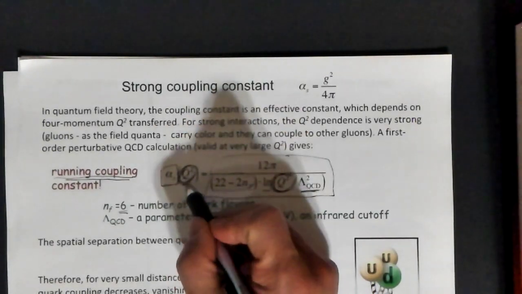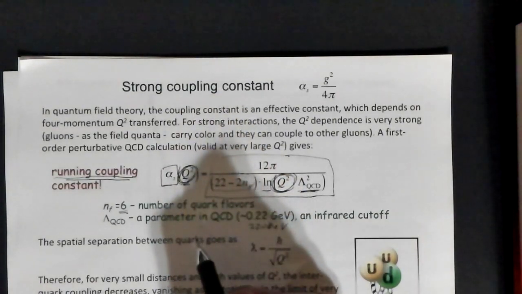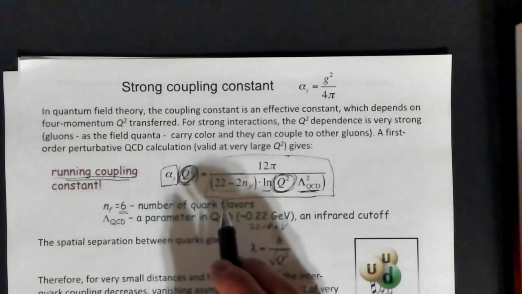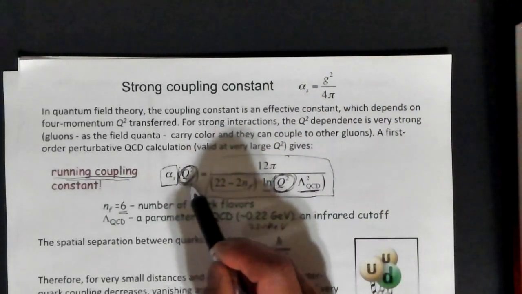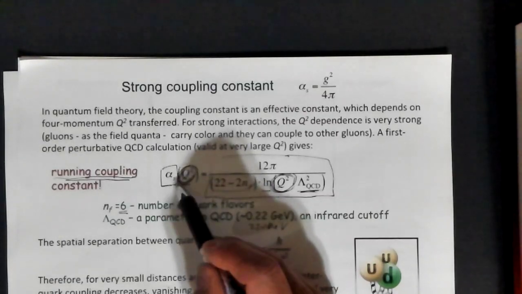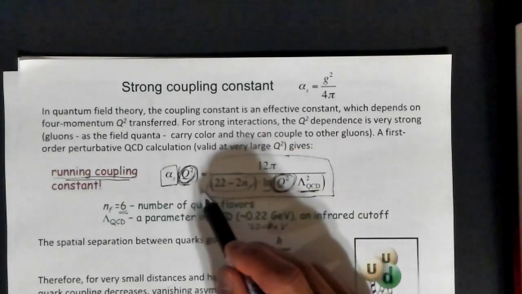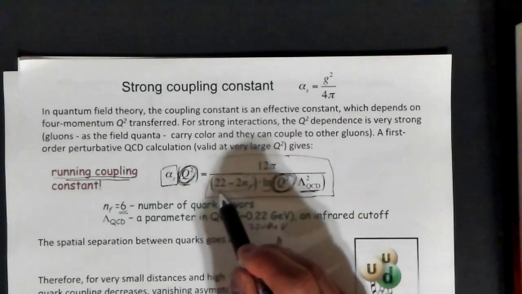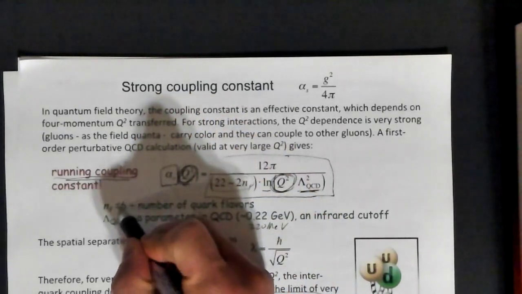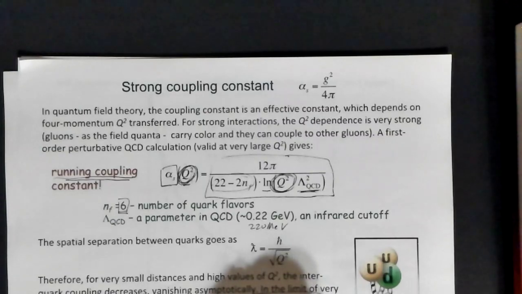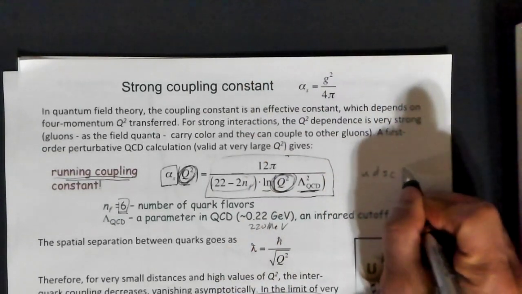Now, if you calculate how strong the quantum chromodynamics coupling is, alpha S, which is g squared over 4 pi, it turns out that as you increase the energy, you decrease the coupling. And it has this functional form: 12 pi over 22 minus 2 times the number of quark flavors, which is 6: up, down, strange, charm, bottom, and top.